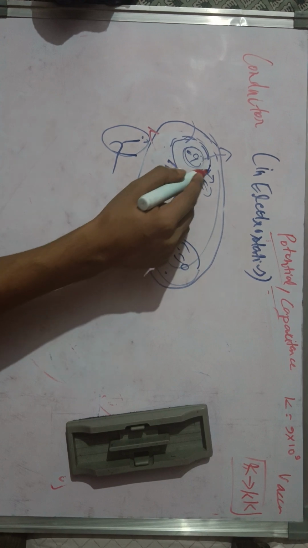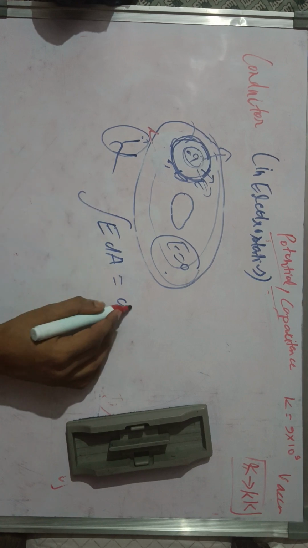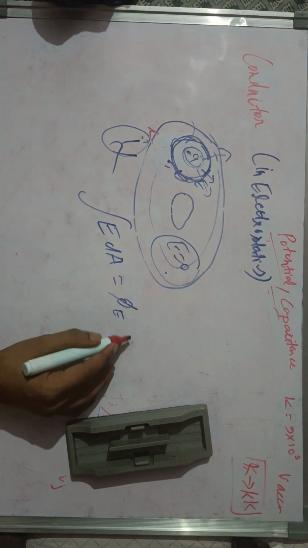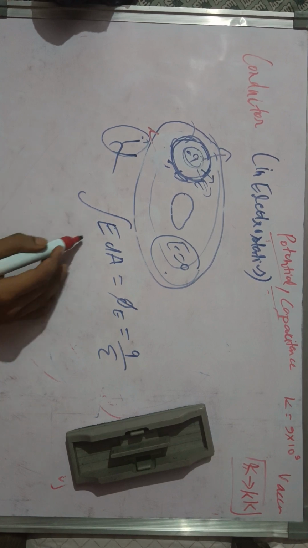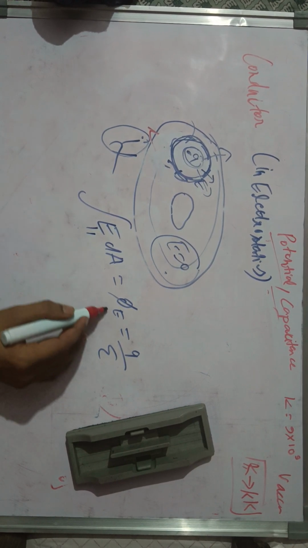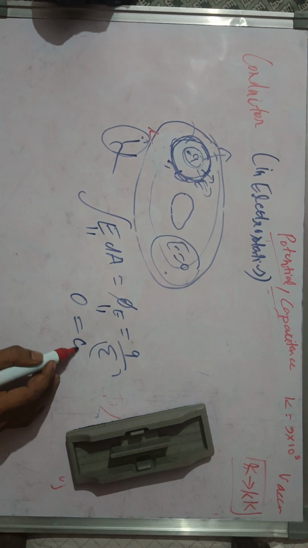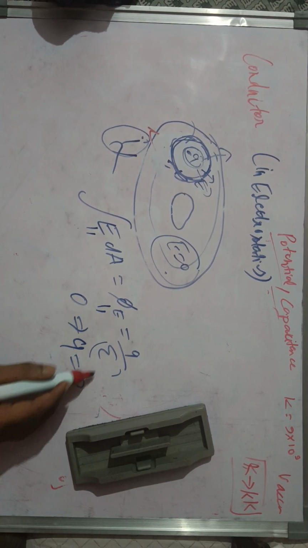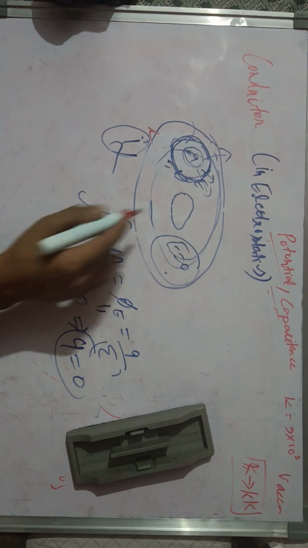So to have electric field zero everywhere in this region means the summation of E dot dA is equal to the flux, which is equal to q by epsilon. So since the electric field is zero everywhere, this integration should be zero, which means this q will be equal to 0. So the charge inside this conductor should be equal to 0.